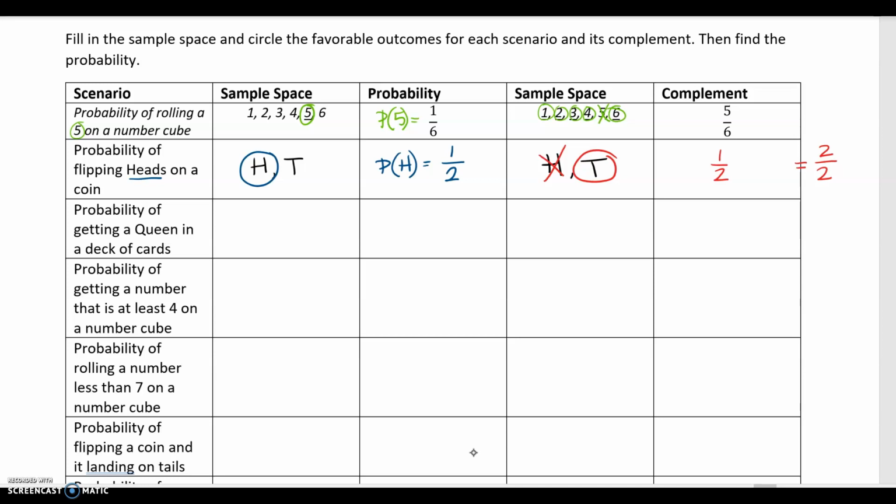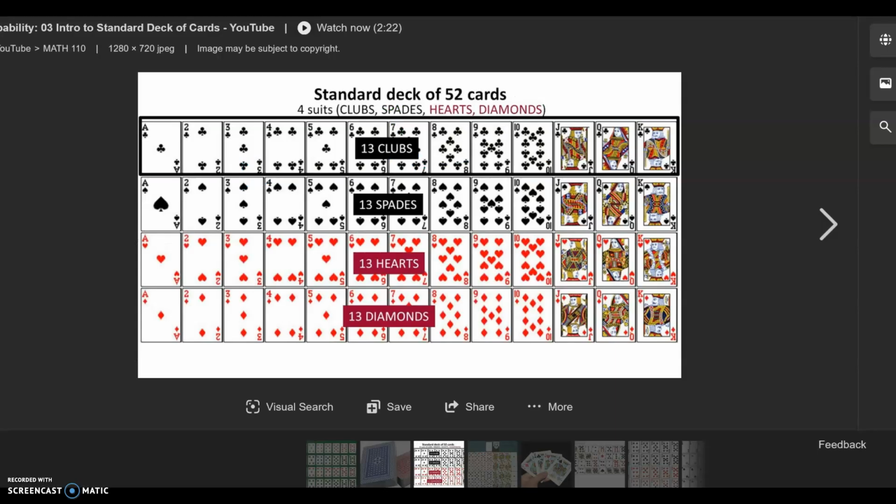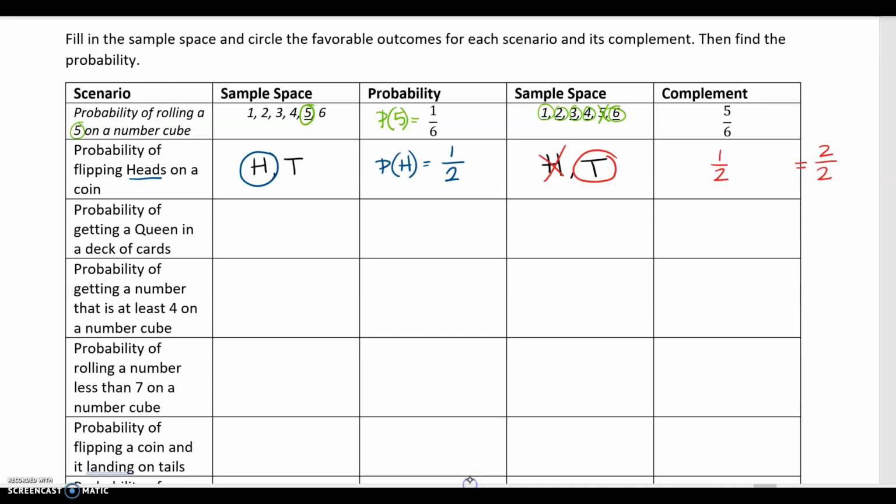But if I can narrow it down a little bit, if I narrow it down to just 1 suit, because I know it's the same for every suit, I have an ace, 2, 3, 4, 5, 6, 7, 8, 9, 10, Jack, Queen, King. So there's 13 cards in a suit, okay?